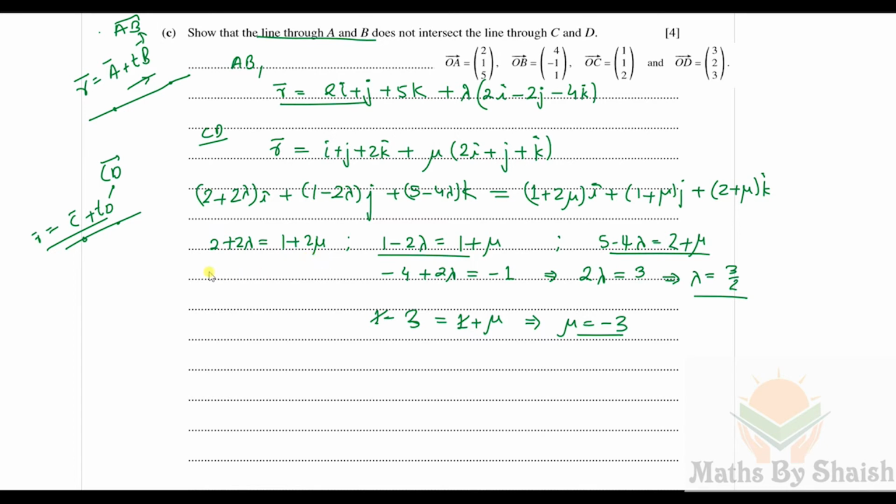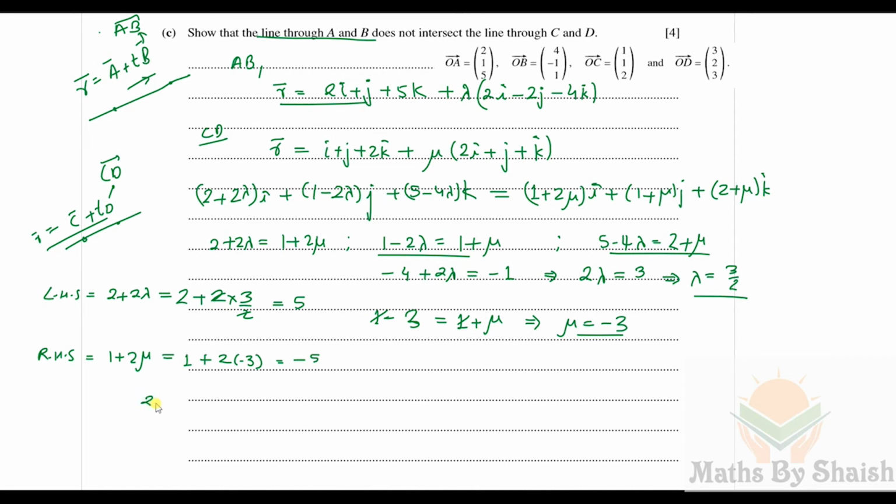otherwise they will not intersect. So from here, the left hand side, 2 plus 2 lambda is equal to 2 plus 2 into 3 by 2, cancelled, and we got 5. Now the right hand side is equal to 1 plus 2 mu, that is 1 plus 2 times minus 3, so it is minus 5.